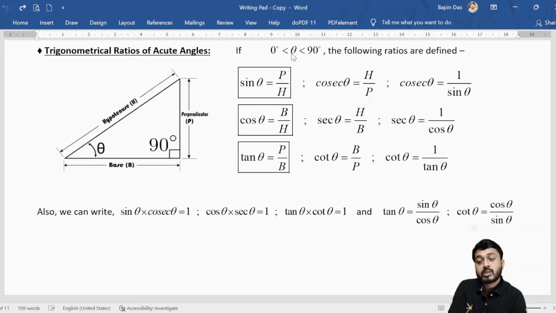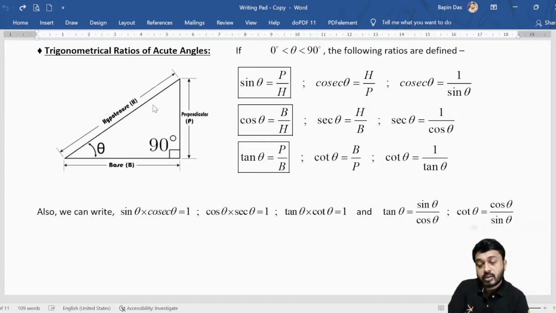An angle which lies between 0 degree and 90 degree is what we call an acute angle. Keep in mind that the acute angle with respect to which we are defining the ratios is the angle between the hypotenuse and the base of the right angle triangle. I'm repeating, it is the one which lies between the hypotenuse and the base.